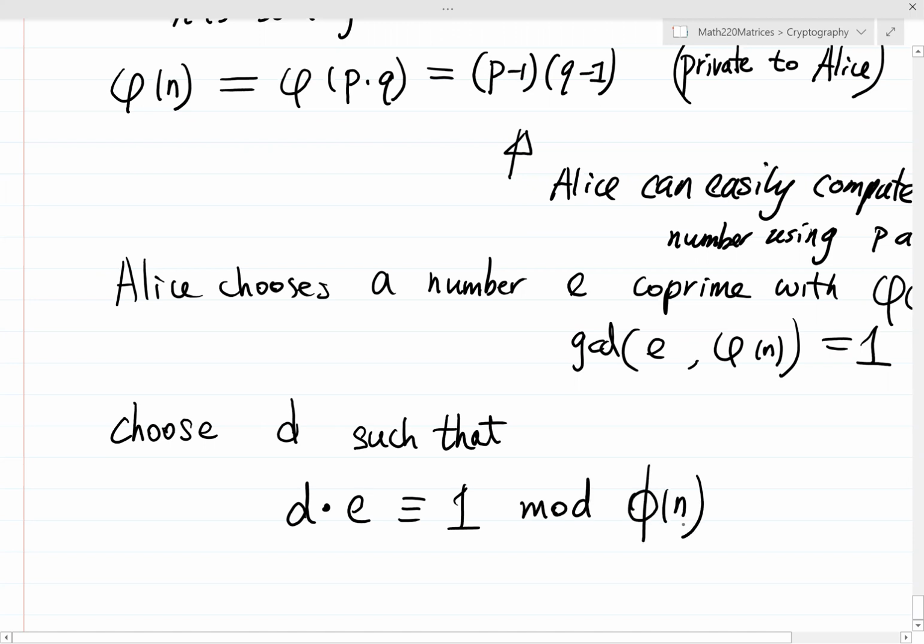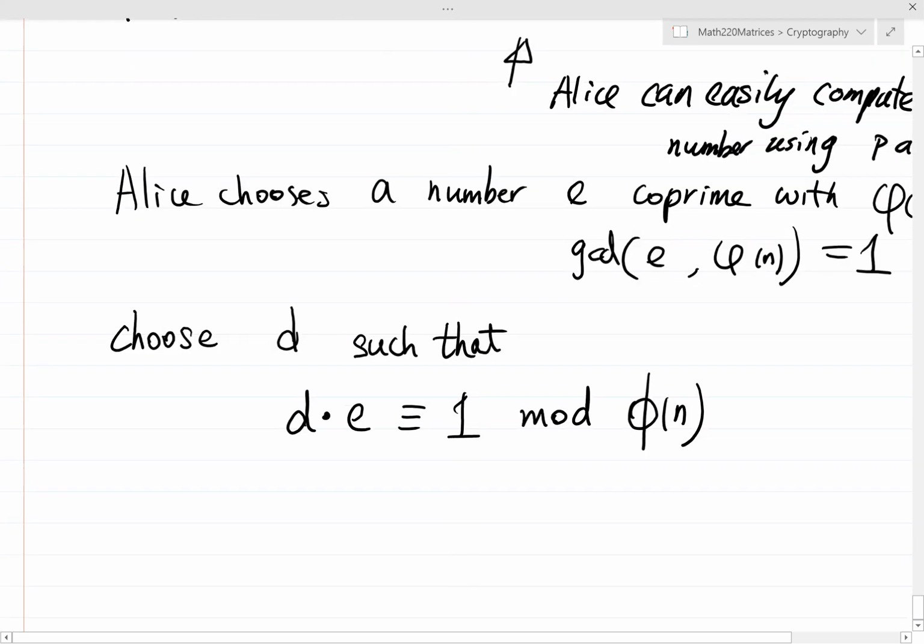Here, d is the private key. d can be uniquely determined by this congruence relation. So d is the private key, only known and kept by Alice. Nobody else knows this d.